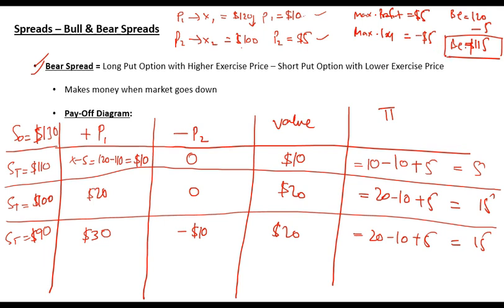So break even is a point at which your profit becomes zero. When you started this portfolio, you bought an option for $10, you sold an option for $5. So net impact was minus $5, that is you paid $5. For you to break even, you should have profit of at least $5. When will you have a profit of $5? You will have a profit of $5 when price falls below 120 by $5.